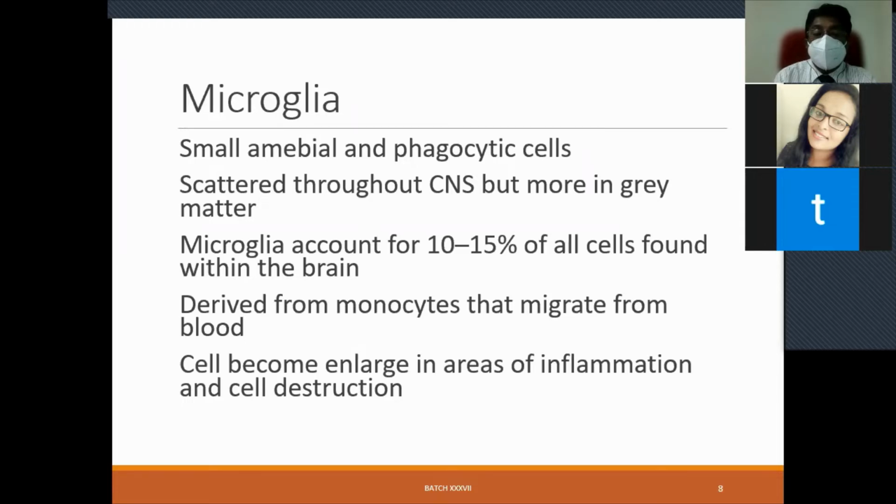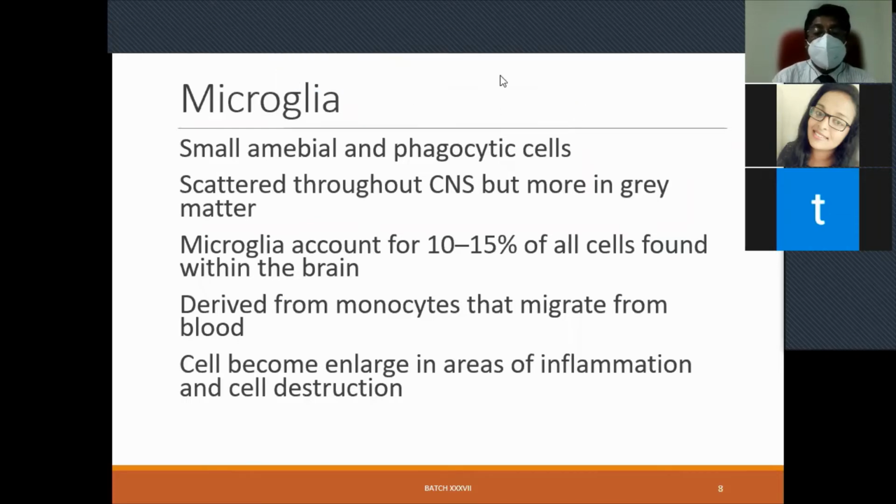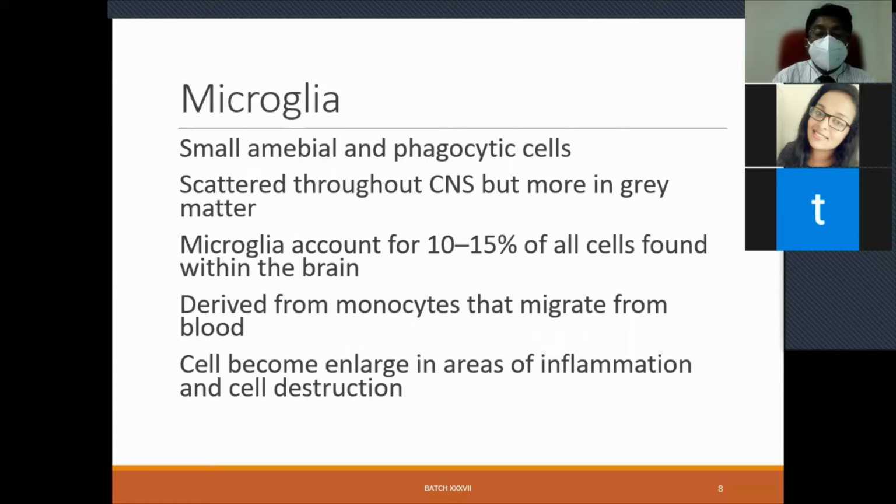Microglia account for 10 to 15% of all cells found within the brain. So the amount of microglia is not that much compared to astrocytes and oligodendrocytes. And it derives from monocytes that migrate from blood.